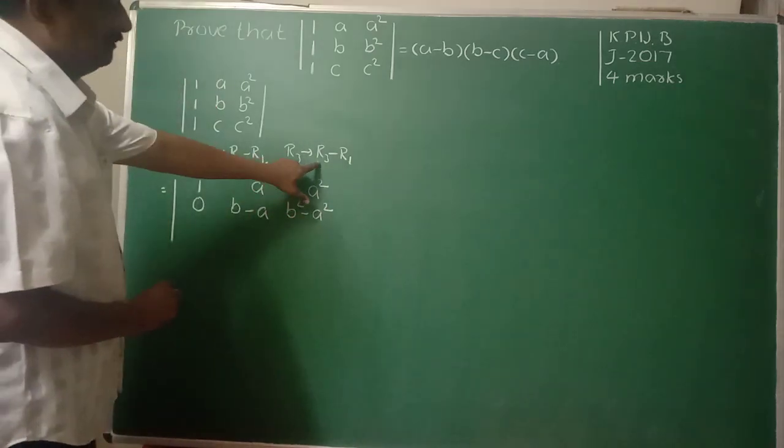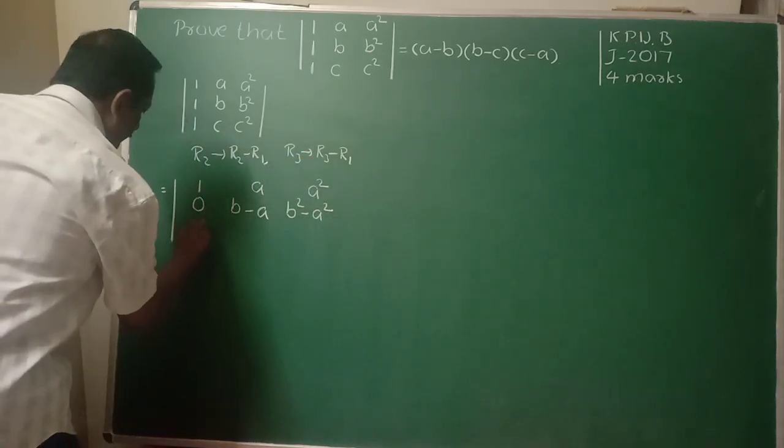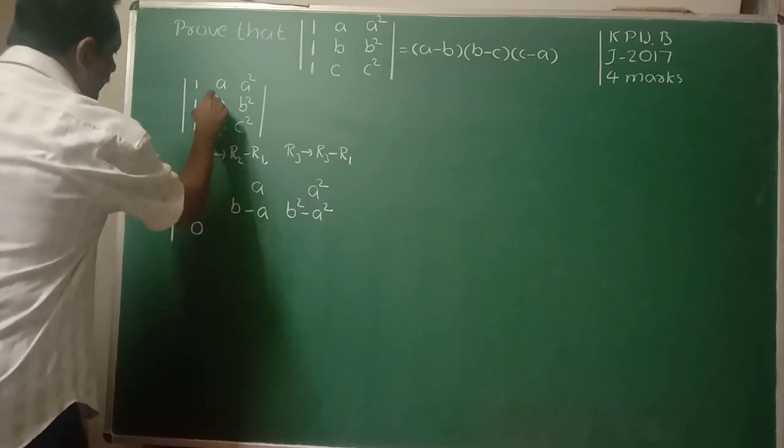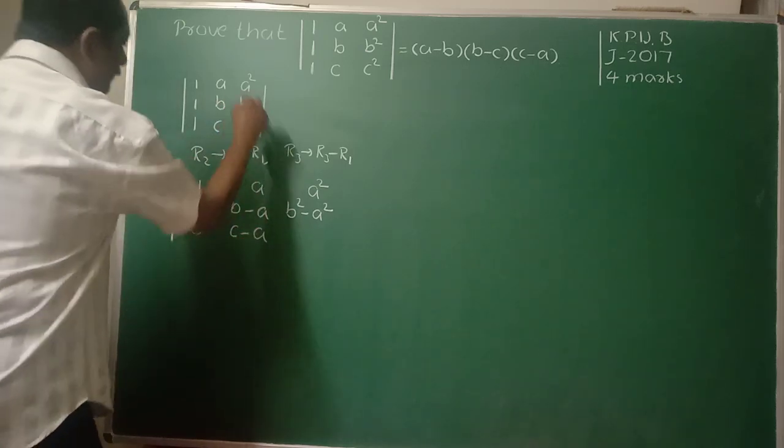Again R3 minus R1: 1 minus 1 is 0, then c minus a, then c square minus a square.